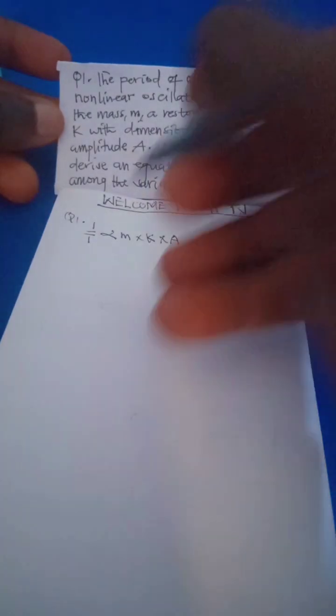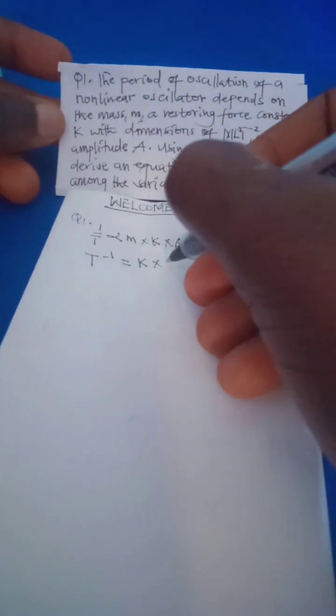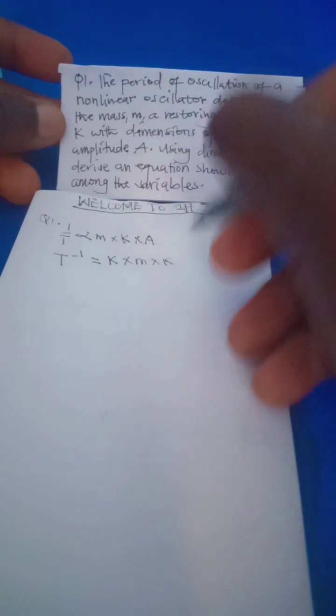Taking off the proportional sign, we get, now any number over 1 is the same as T^-1, right? So it is equal to a constant multiplying the mass, then multiplying the k, multiplying the amplitude.